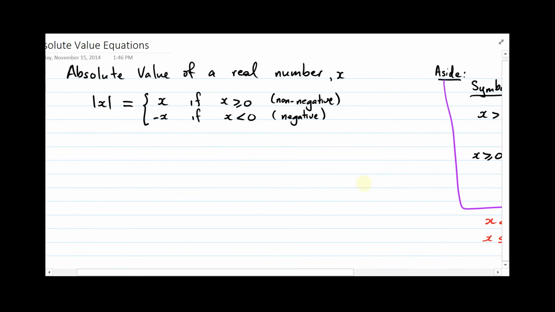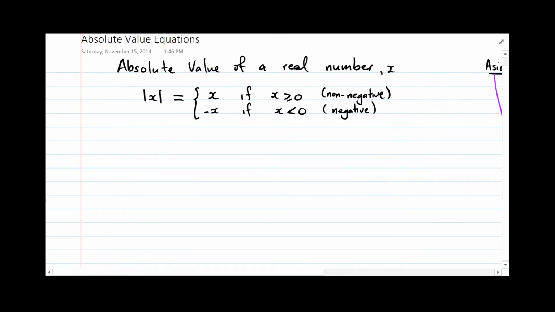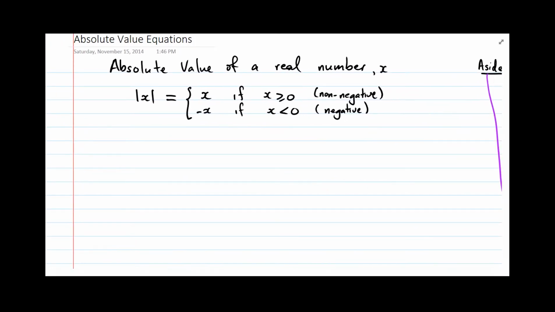Okay, so let's go back to what we were doing. The symbolism that we have is an expression, in this case some number which I'm calling x, written between two parallel lines, and it has a two-line definition. And let's see exactly what I mean now.